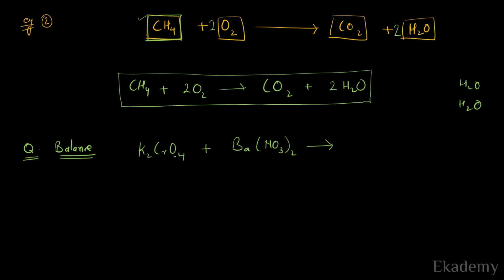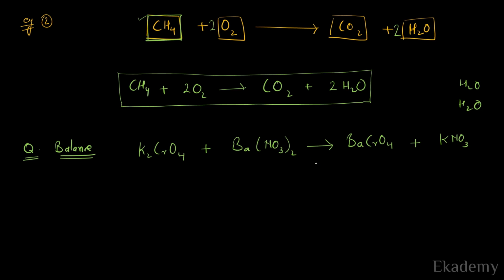When potassium chromate reacts with barium nitrate, it forms barium chromate, BaCrO4, and potassium nitrate, KNO3.